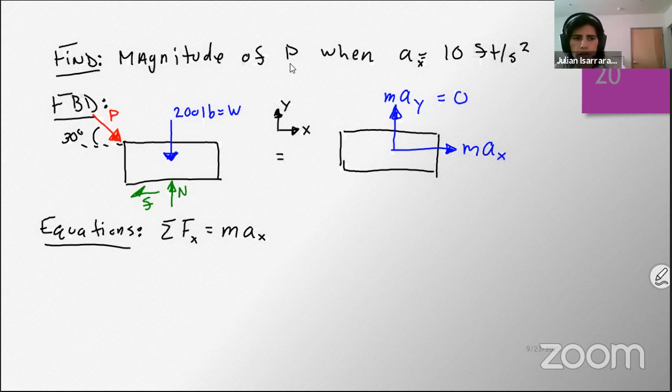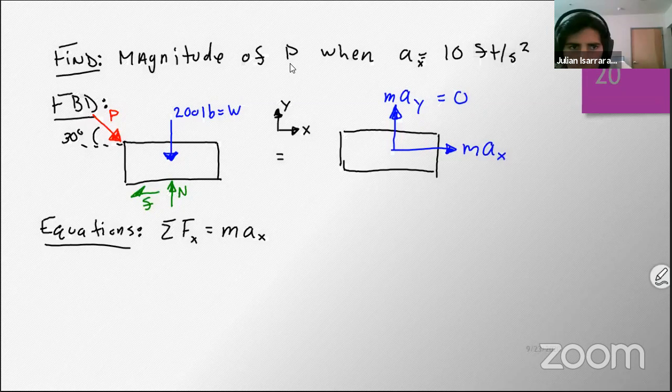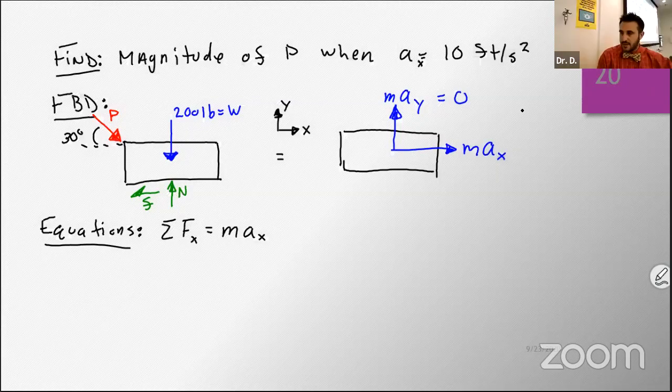Looking at my free body diagram, what do I have in the X direction?